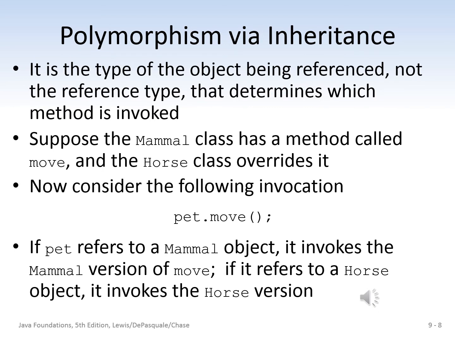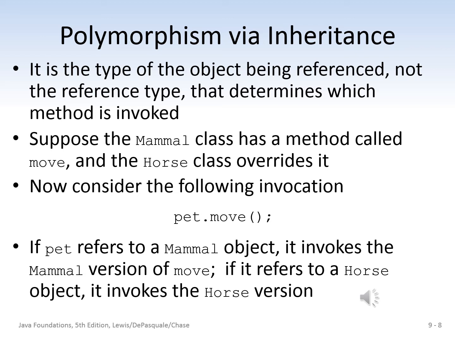When implementing polymorphism via inheritance, it is the type of the object being referenced, not the reference type, that determines which method is invoked. So, for example, if we have the Mammal class, which has a method called move, and the Horse class overrides it.